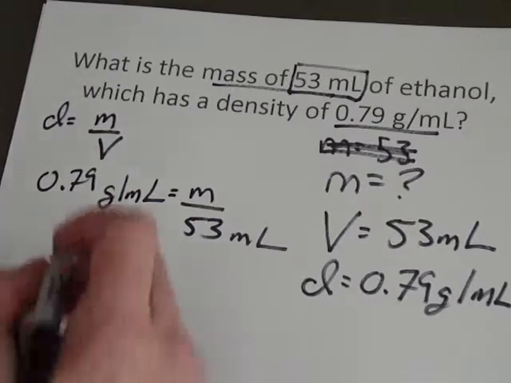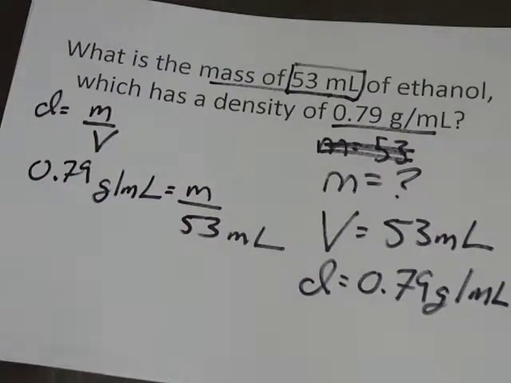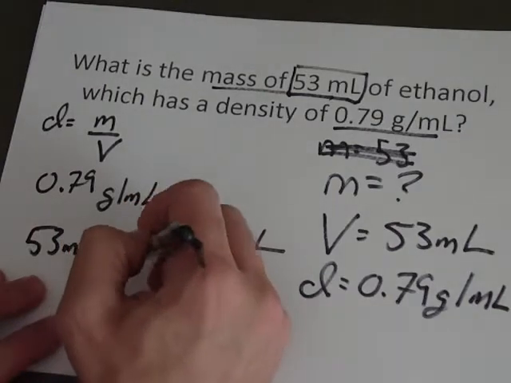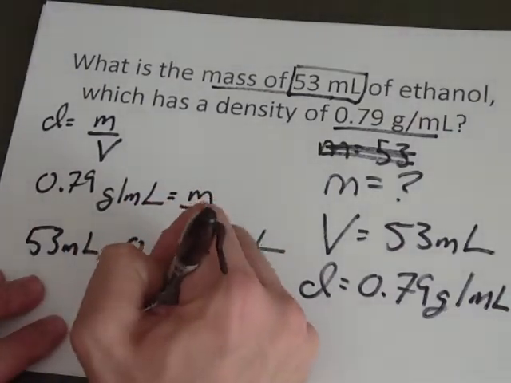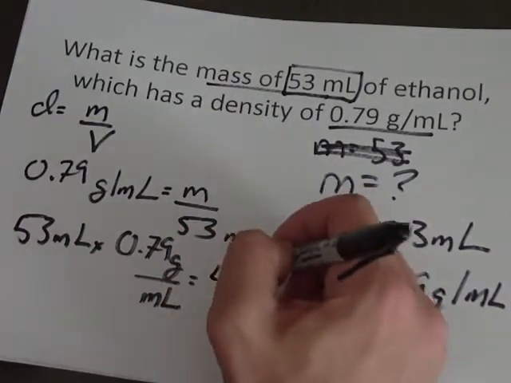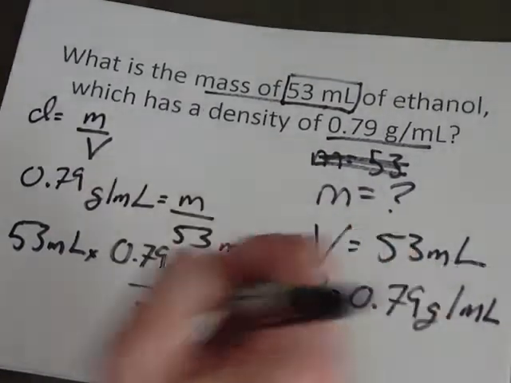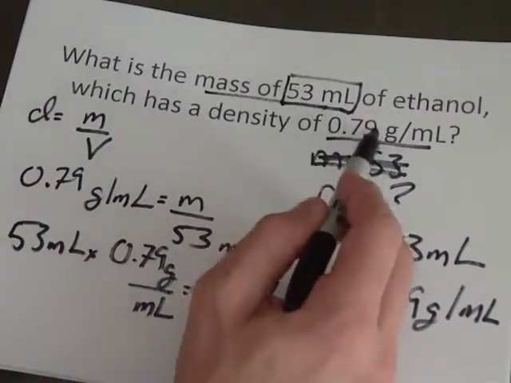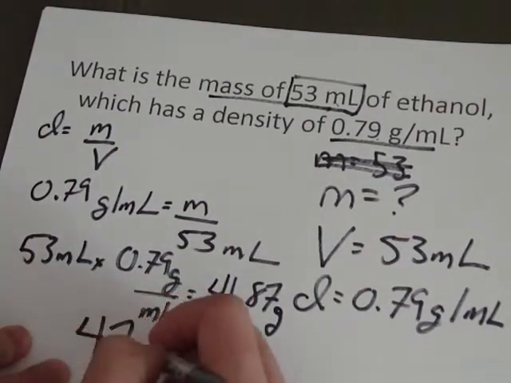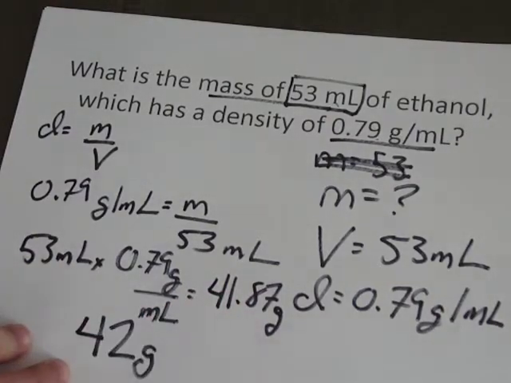And then if we cross multiply, we get 53 milliliters times 0.79 grams per milliliter. We get 41.87 grams. Both of our numbers that were given only have 2 significant figures, so we may only report 2 significant figures, so 42 grams.